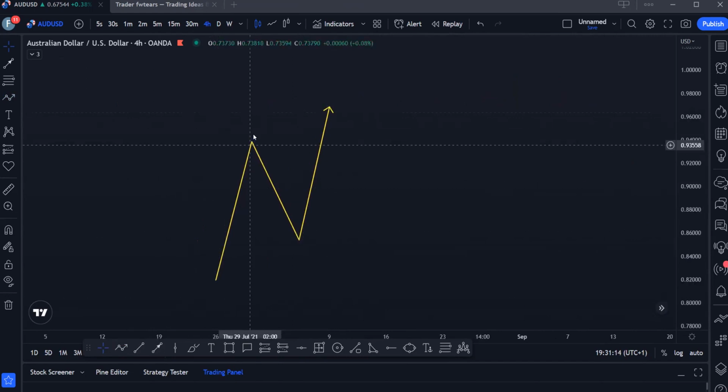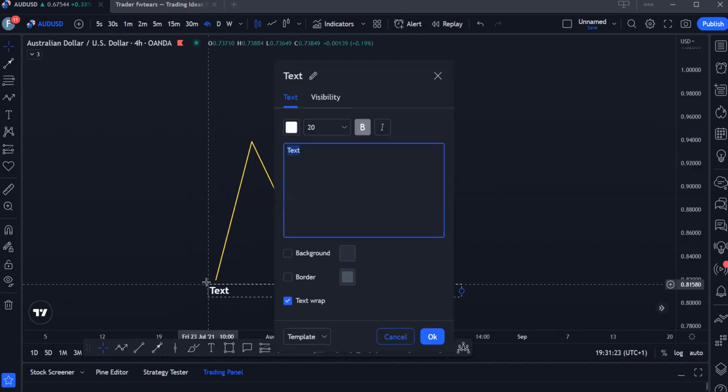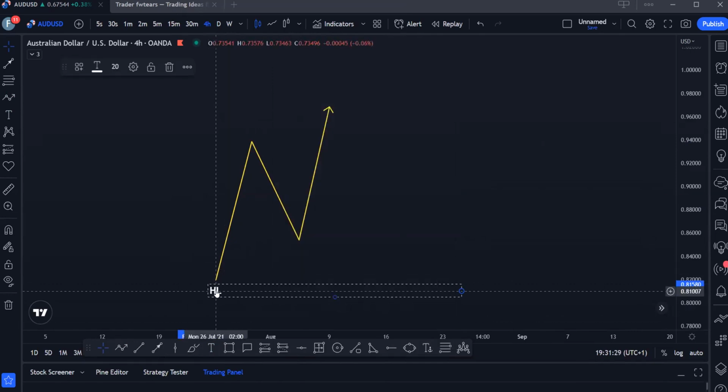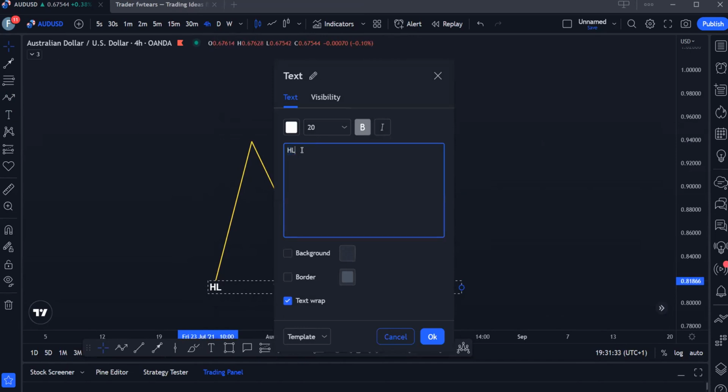Now, let's label this starting point and ending point here. The first part of an uptrend is called the higher low. It's called the higher low. Okay, HL.